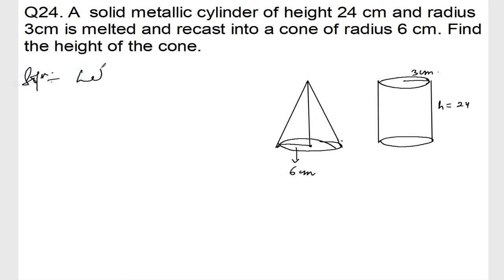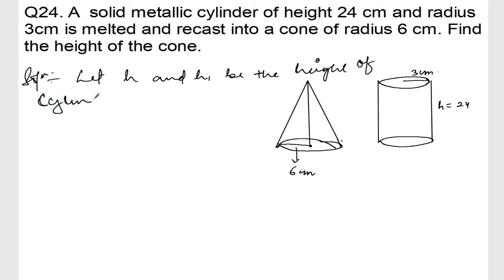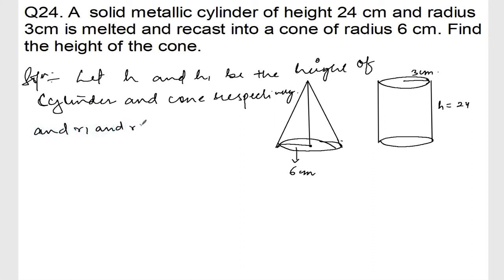Let h and h1 be the height of cylinder and cone respectively. Now let r and r1 be their radius.